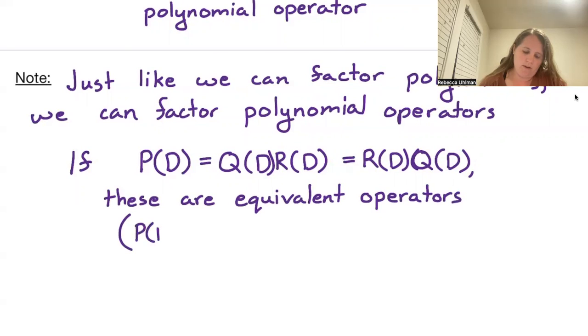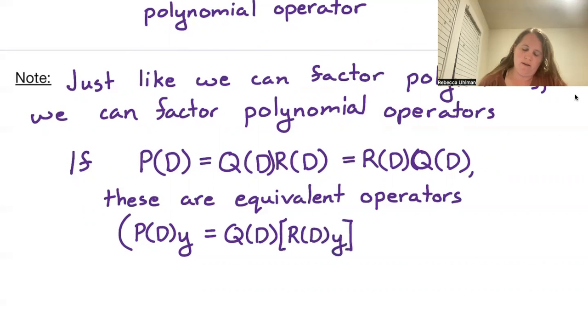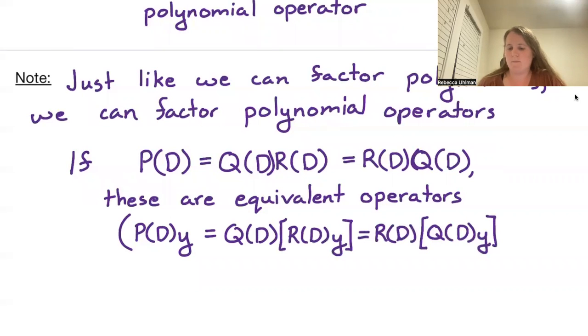So P of D y is equal to Q of D applied to R of D y, which is equal to R of D applied to Q of D y, for all y.